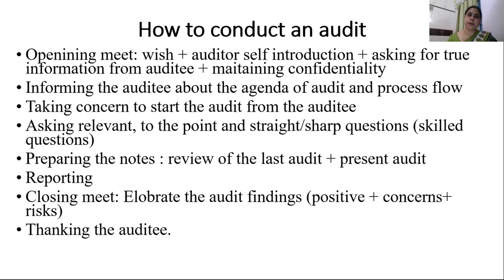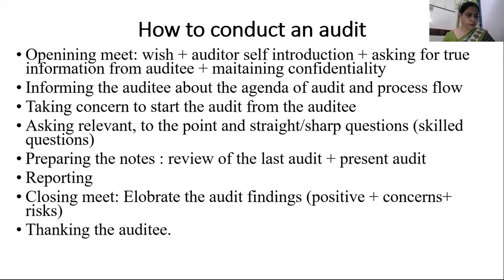And remember, if you are going for a second audit, that is, previously some audit has happened, then your first job will be to check the review of the last audit. What are the observations of the last audit? And you have to check those observations first. Has that been implemented? Has that been cleared? Has that been closed?